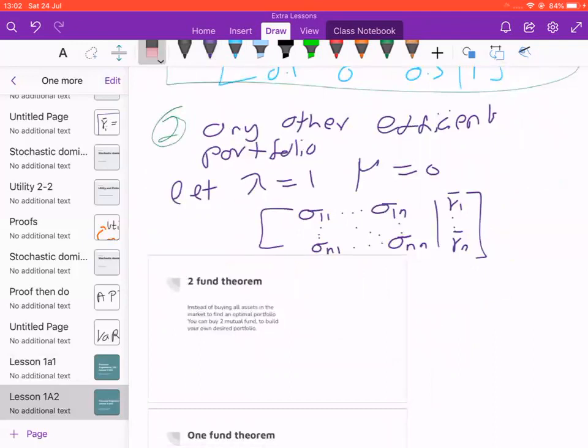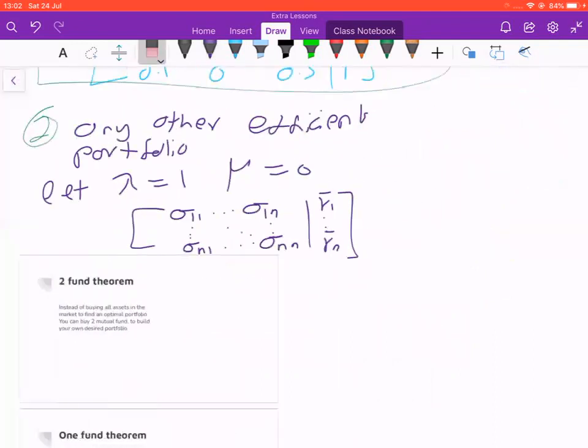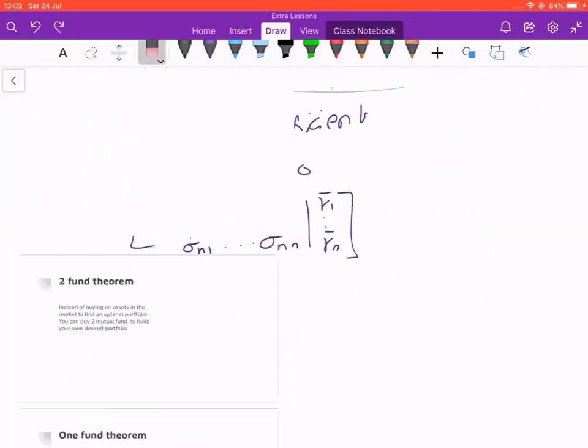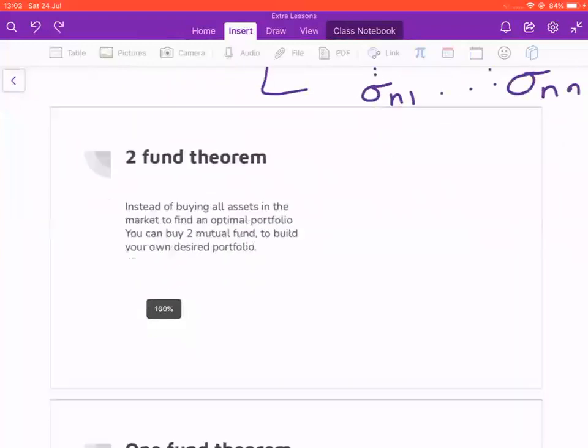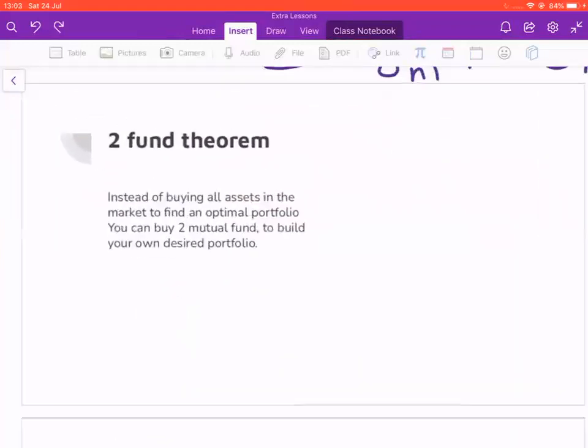So in order to avoid the hard work, you can use a theorem called the two-fund theorem. In this theorem, instead of buying all the assets, you can just find 2 assets which lie on the efficient frontier, and then you buy them to build your own desired portfolio.